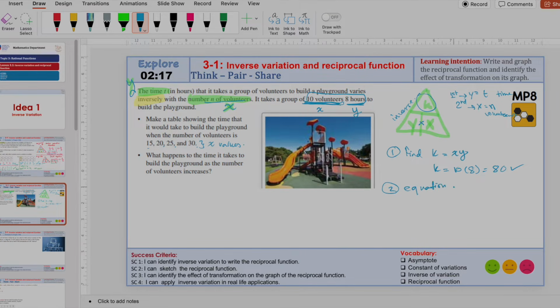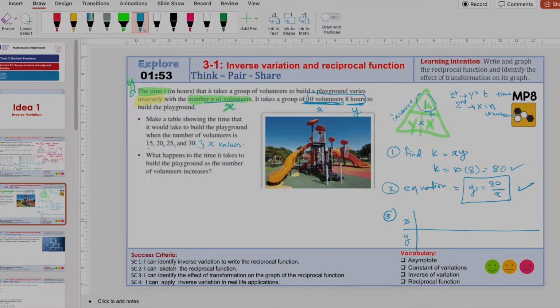Then write your equation. The equation of variation is y equals k divided by x. So y equals 80 divided by x. Always substitute your k. This is my equation. Done, I have the k and the equation. Now build your table for different x values and find the y.